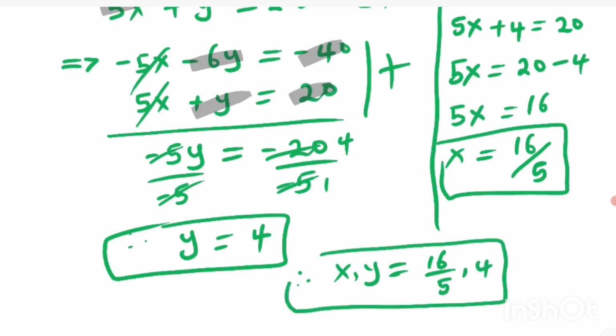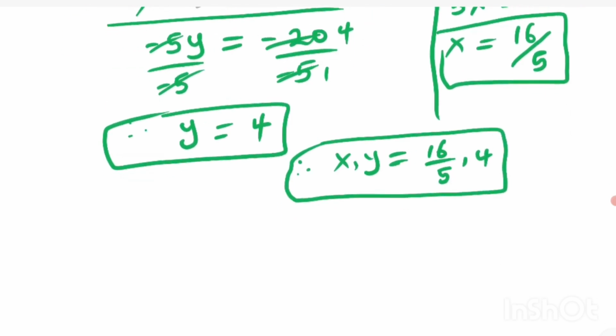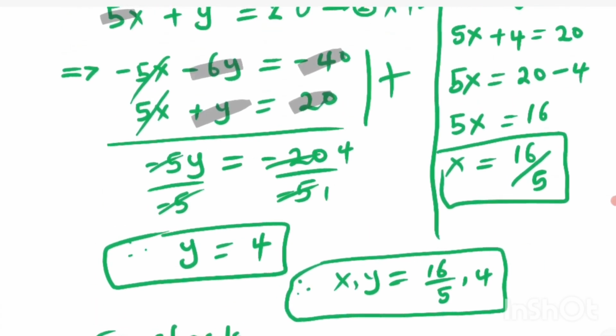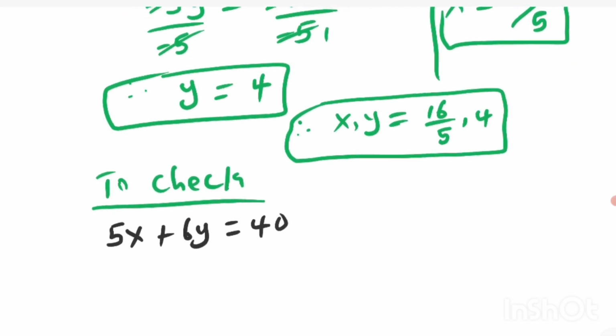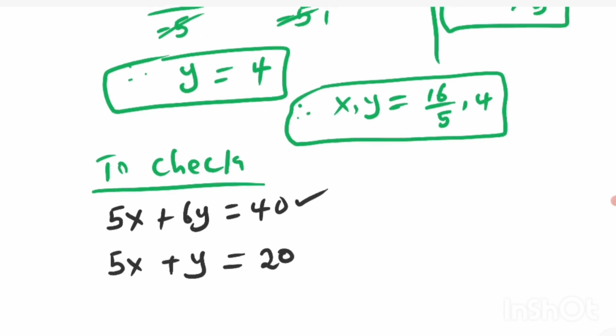We may check to confirm if this answer is right or wrong. Let's check. To check, we have the given equations. 5x plus 6y equal to 40. Then 5x plus y equal to 20. Now let's consider this.